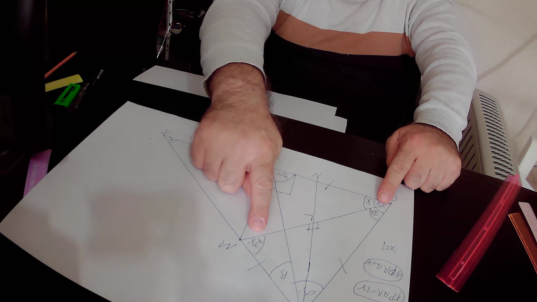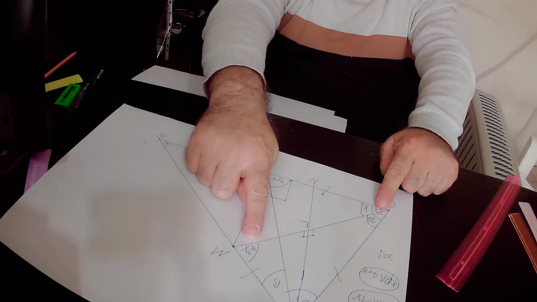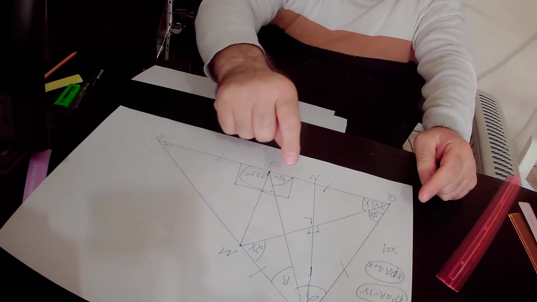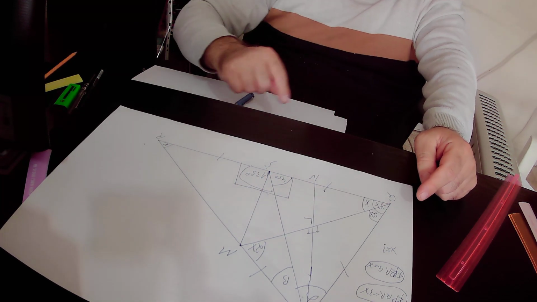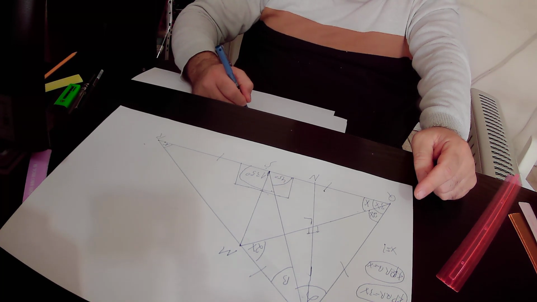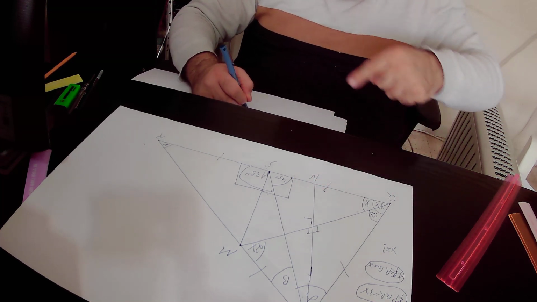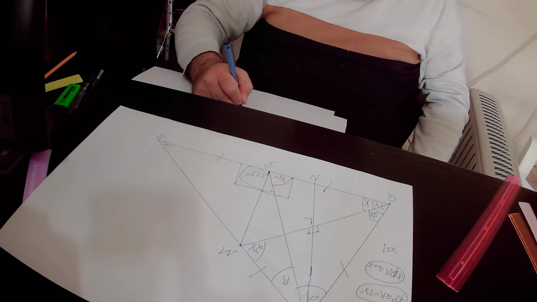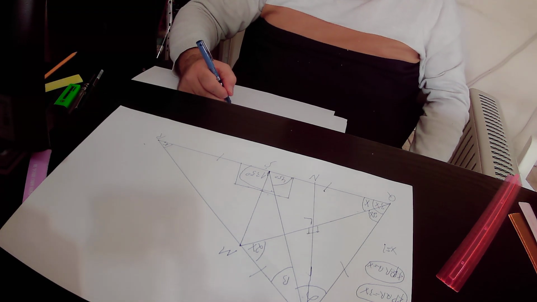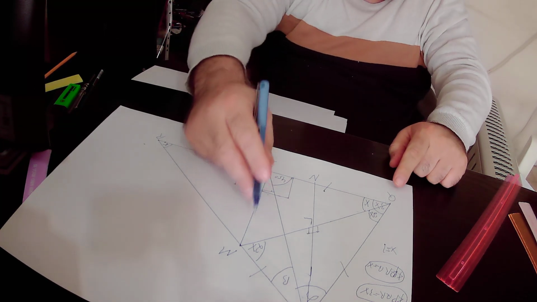Those two angles are equal to each other. They are both equal to 2x. Okay, so we can write down that angle PQL of triangle PQL equals angle PML, and both angles are equal to 2x.